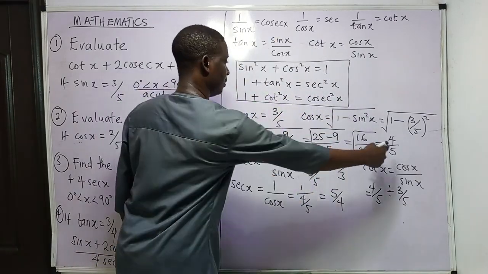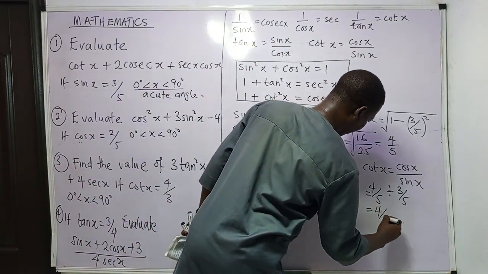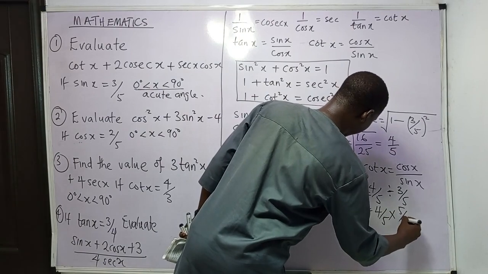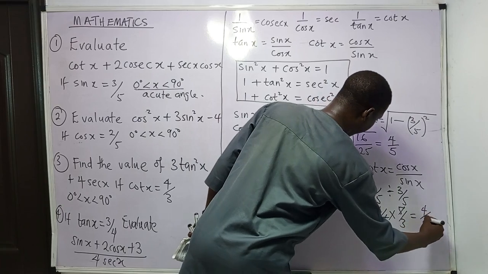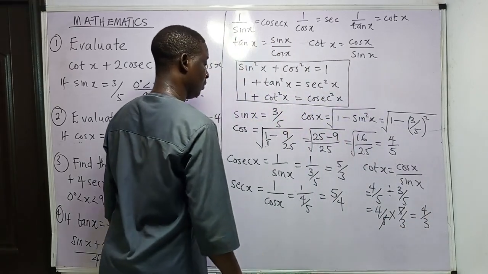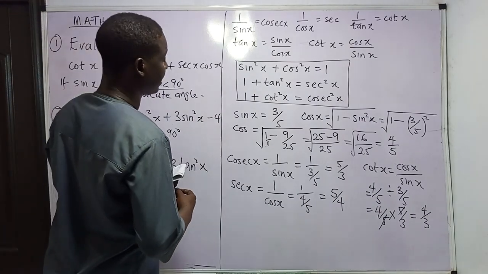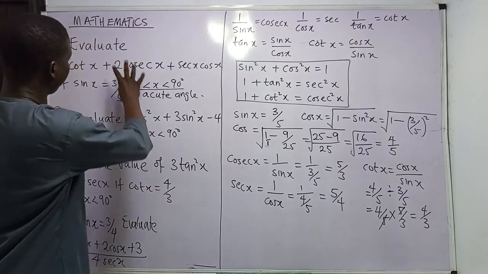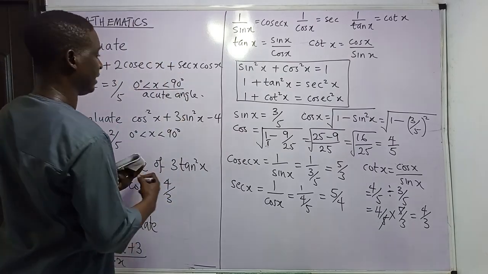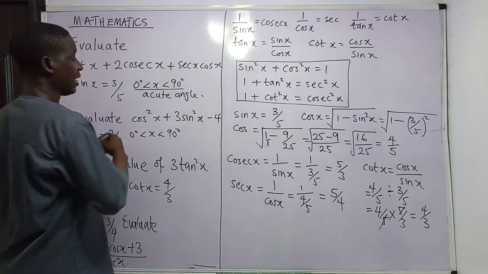Cos divided by sin, so I want to have it as 4 over 5 times 5 over 3. This one will cancel this, and I want to have 4 over 3 as our cot x. So in that case, we will now put everything here to get our final answer. So the first answer will now be: cot x is 4 over 3.